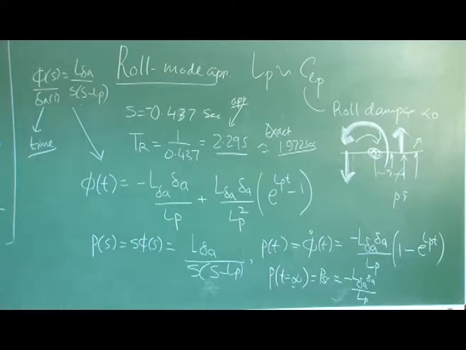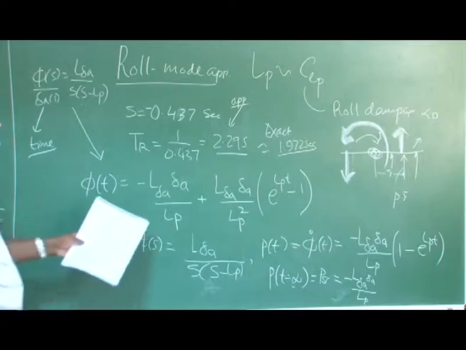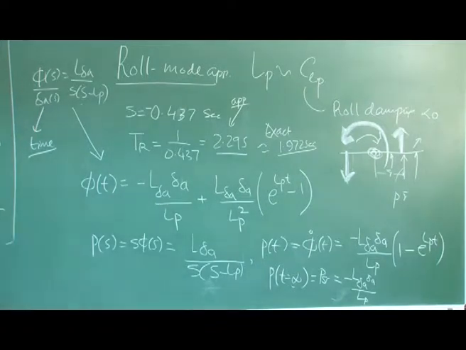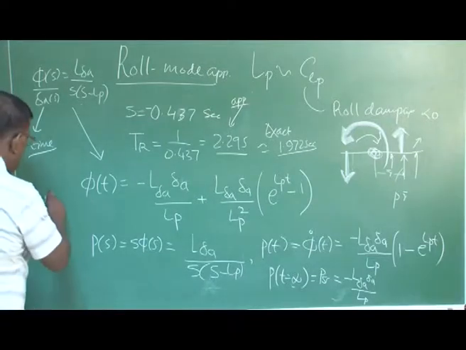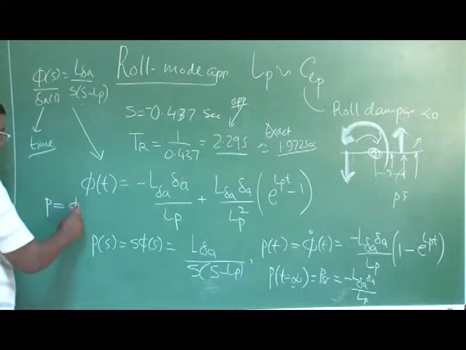Which is straightforward. Once you get this, you also know what the roll rate will be in the frequency domain. For roll rate, we make an approximation P equal to phi dot.